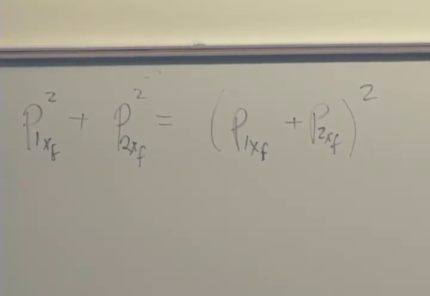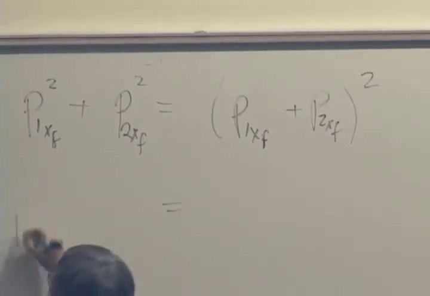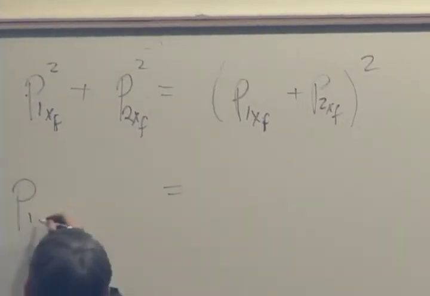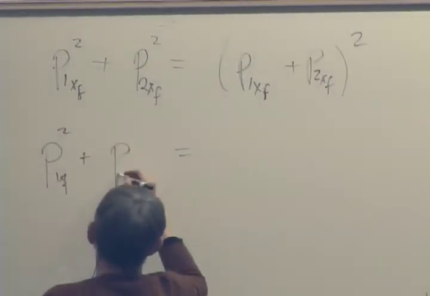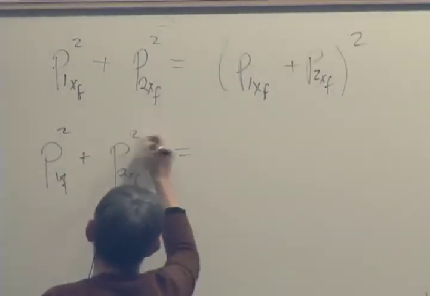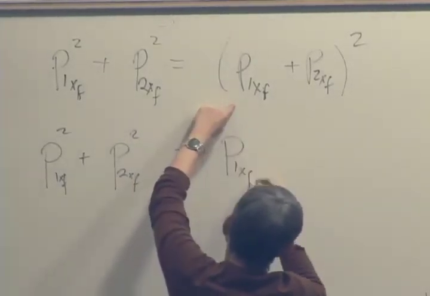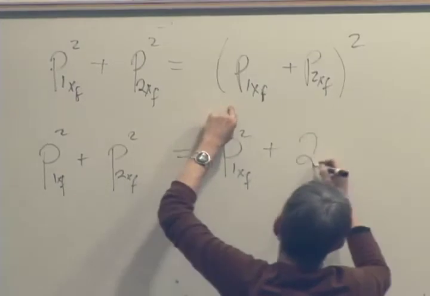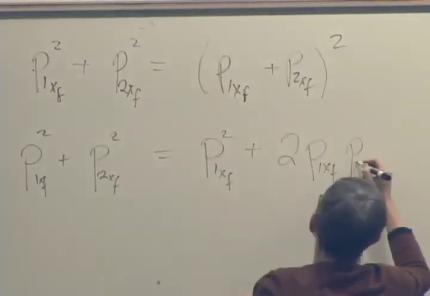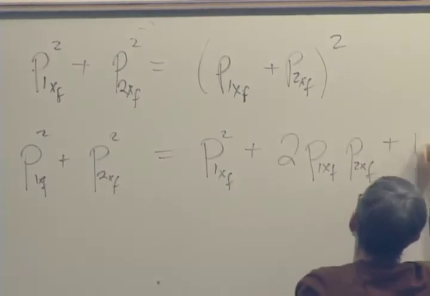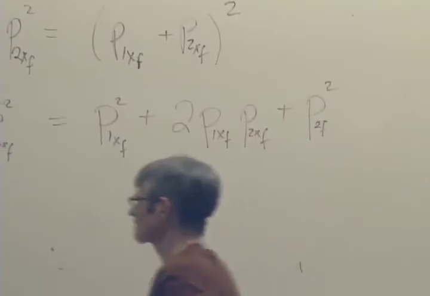Okay, so it's just algebra. Now we'll just multiply this out. So we get P1 final squared plus P2 final squared is P1 final squared plus 2 times P1 final, P2 final plus P2 final squared. That's an odd looking equation.